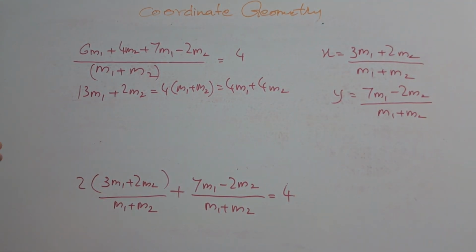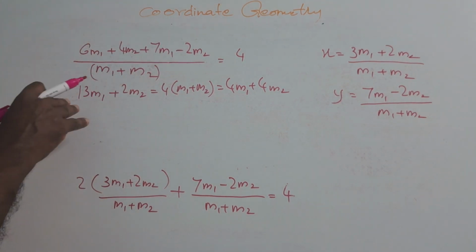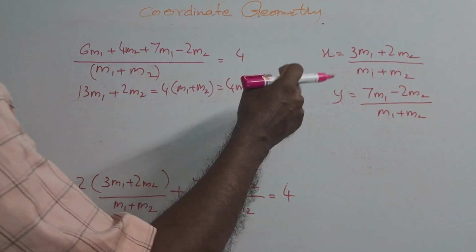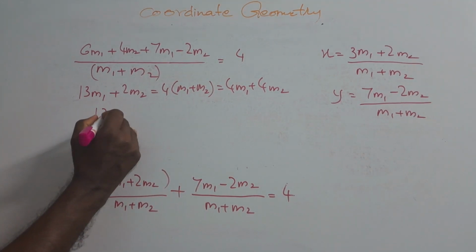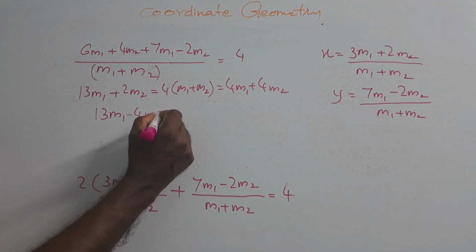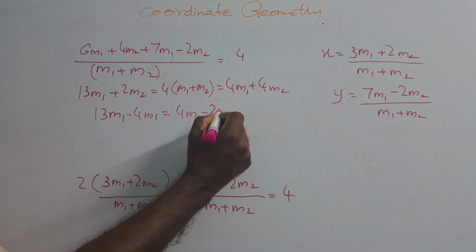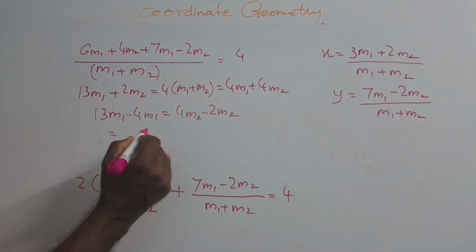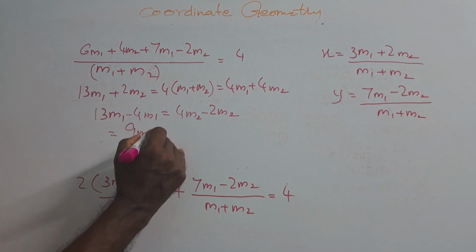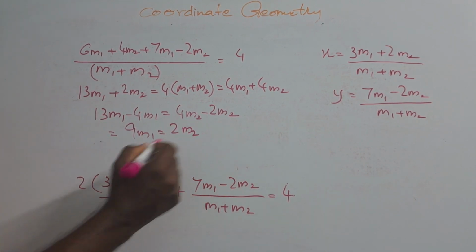Now, let's take m1 on LHS and m2 on RHS. 13m1 minus 4m1 is equal to 4m2 minus 2m2, equals 9m1 equals 2m2.